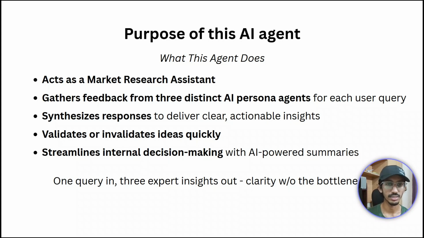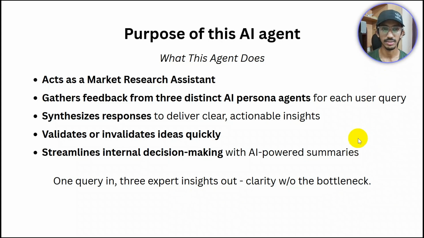It can validate or invalidate ideas very quickly because it's AI powered. And finally, it can streamline the internal decision making with AI powered summaries. So basically, if you give one query, you can get 3 expert insights out all at once. So you get the clarity minus the bottleneck.